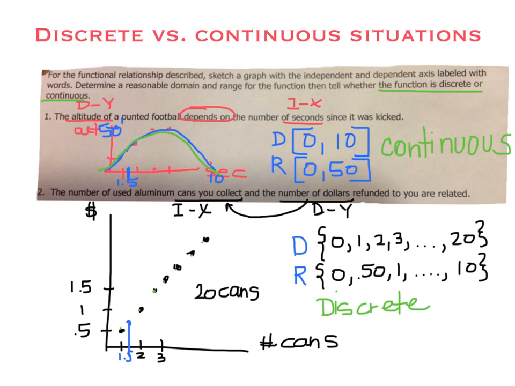So the question is always, can I have half? That's how you determine if it's discrete or continuous. If you can have half, pretty much it's going to be continuous. If you can't do half, like I can't turn in half of a can, then it's going to be discrete.